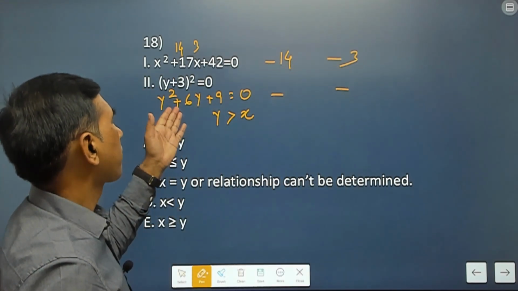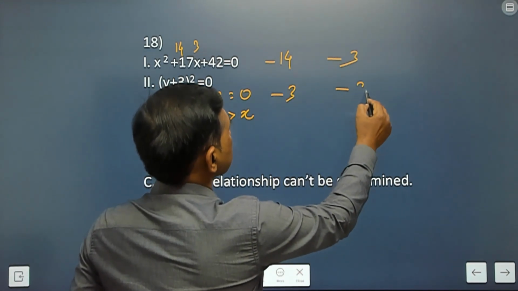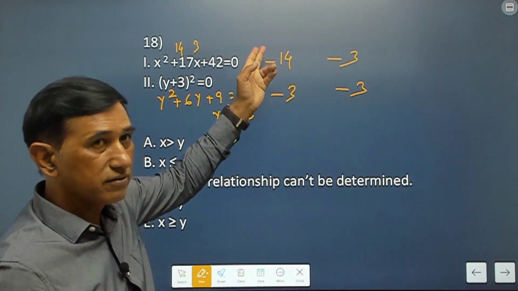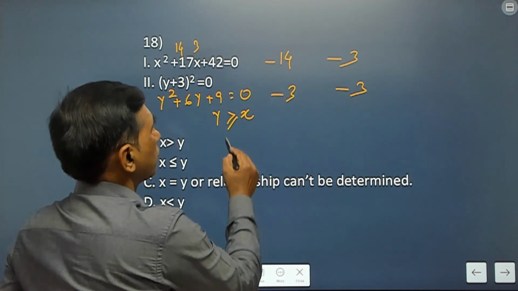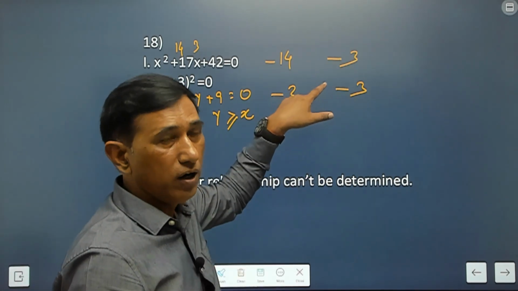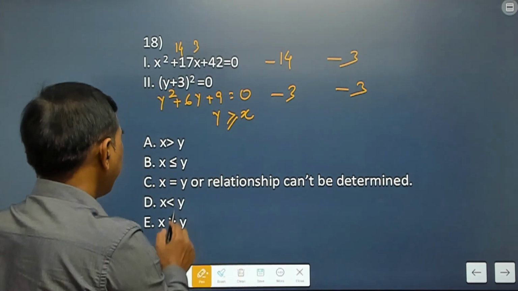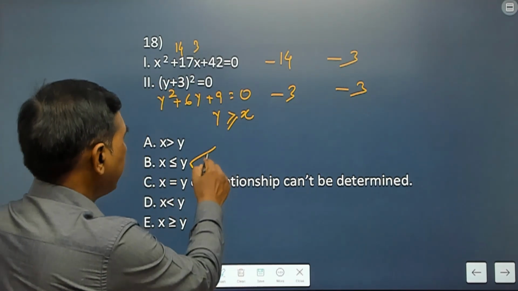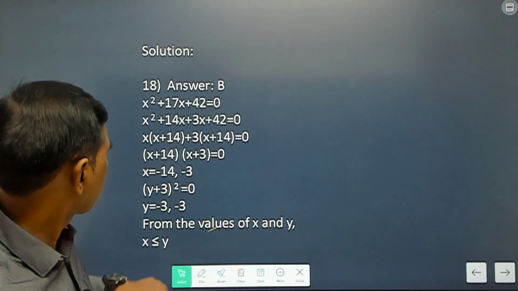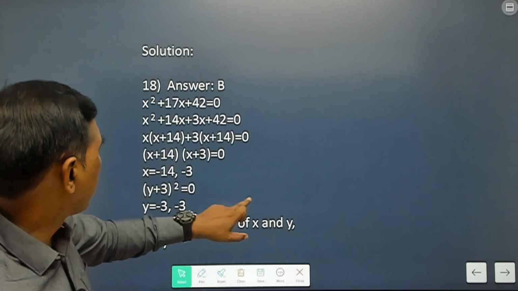Here 3 and 3. So y is definitely greater than x, but it is also equal to. When it is minus 3, these are equal. When it is minus 14, this is smaller. So y is greater than or equal to x. Y is greater than or equal to minus 3, minus 3, minus 14, minus 3.